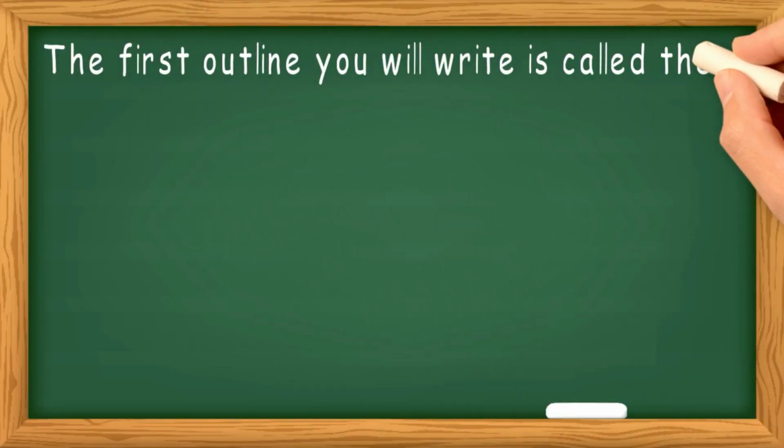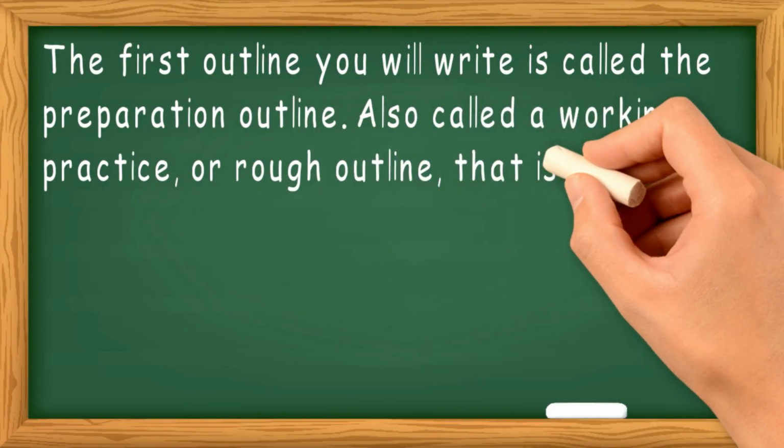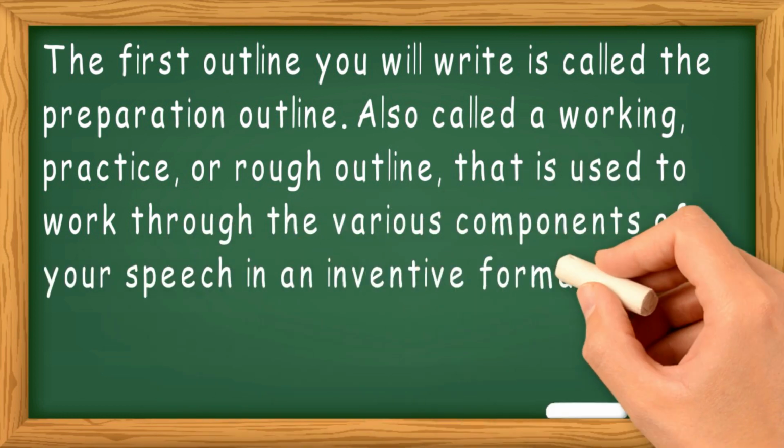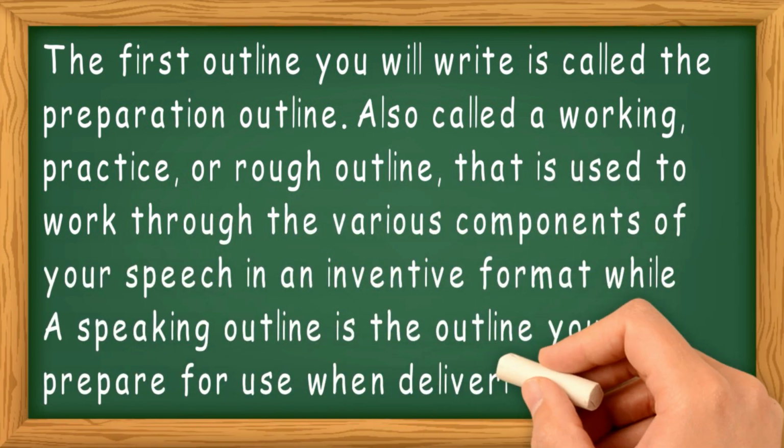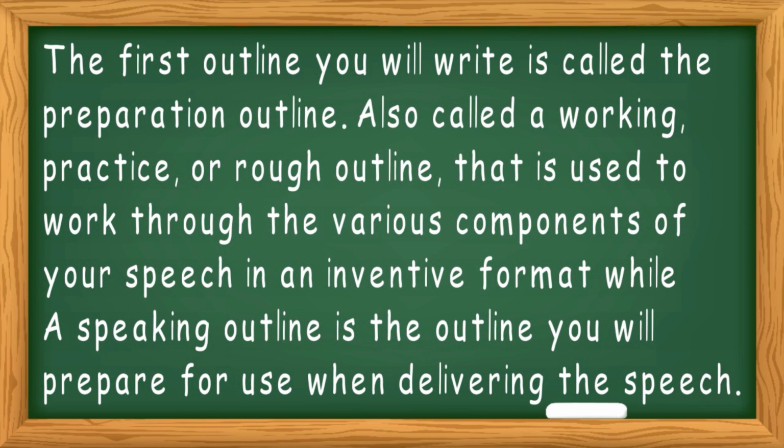The first outline is the preparation outline, also called a working, practice, or rough outline that is used to work through the various components of your speech in an inventive format, while a speaking outline is the outline you will prepare for use when delivering the speech.